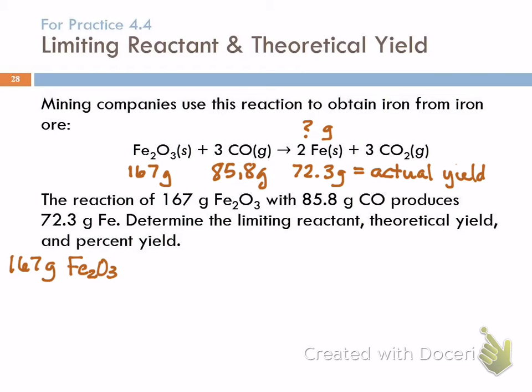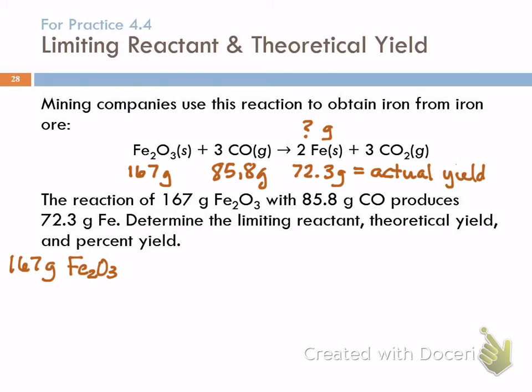We're going to go grams to moles to grams of iron. And then we're going to do the similar calculation for mass of CO and find mass of iron. These are both going to mass of the same product. The smaller one is our theoretical yield.